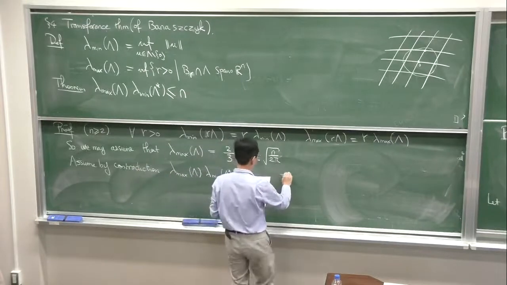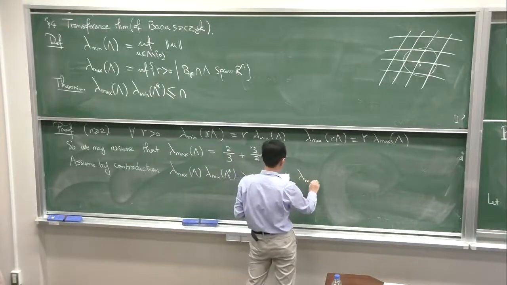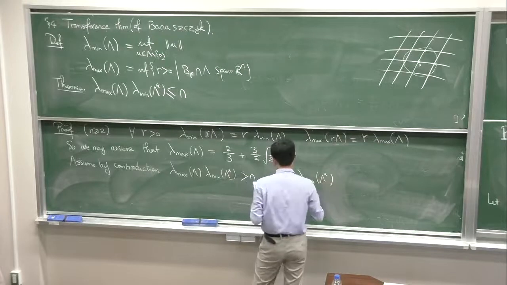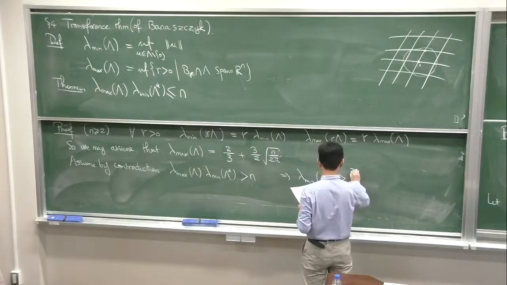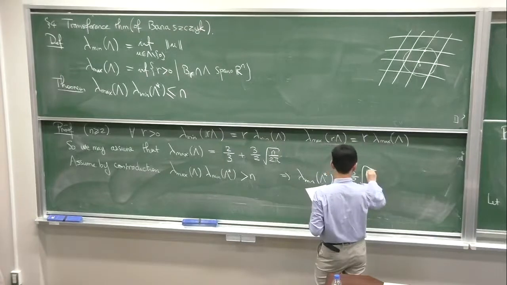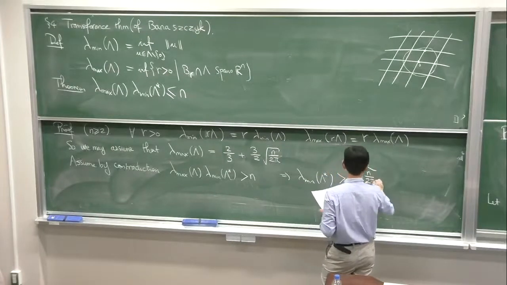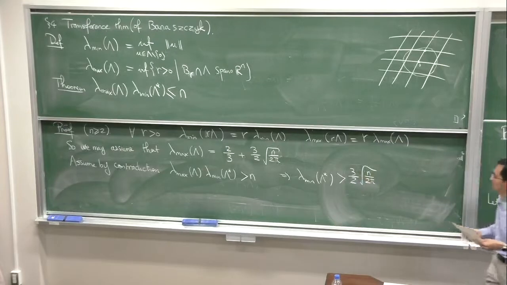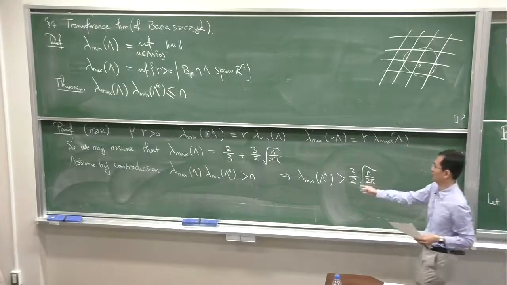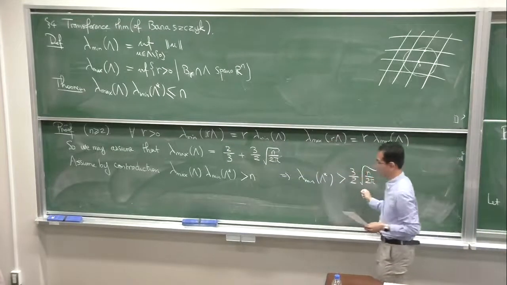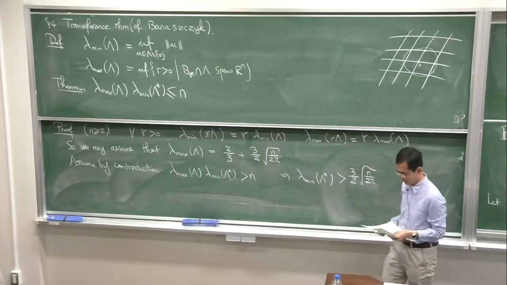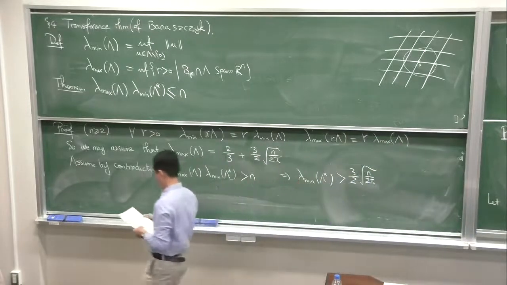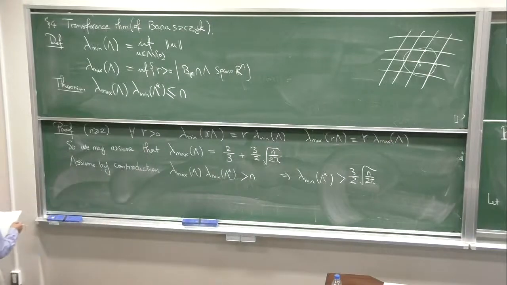Then you will find that lambda min of lambda star should be bigger than n over this one, but I think 3 over 2 square root of n over 2 pi is enough. Of course I can write n over this one, but you may show that n over this one is at least 3 over 2 square root of n over 2 pi.